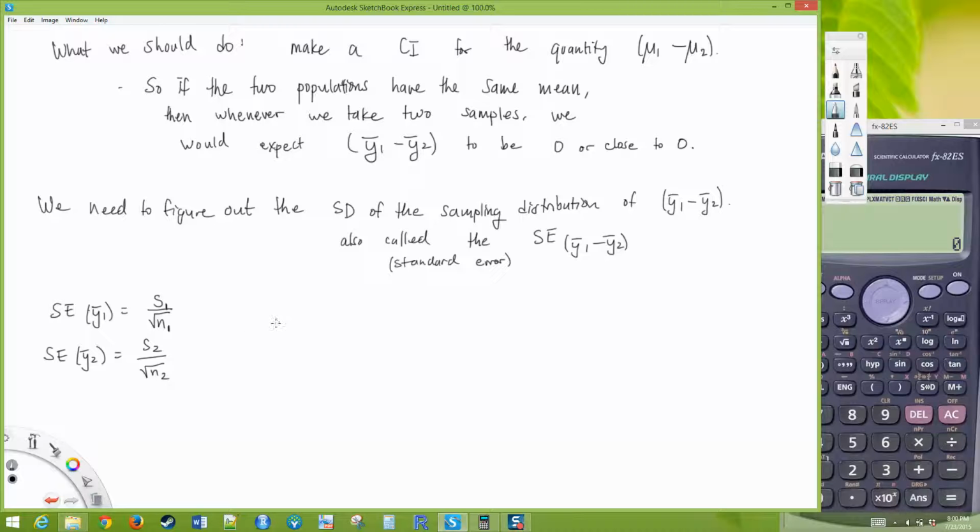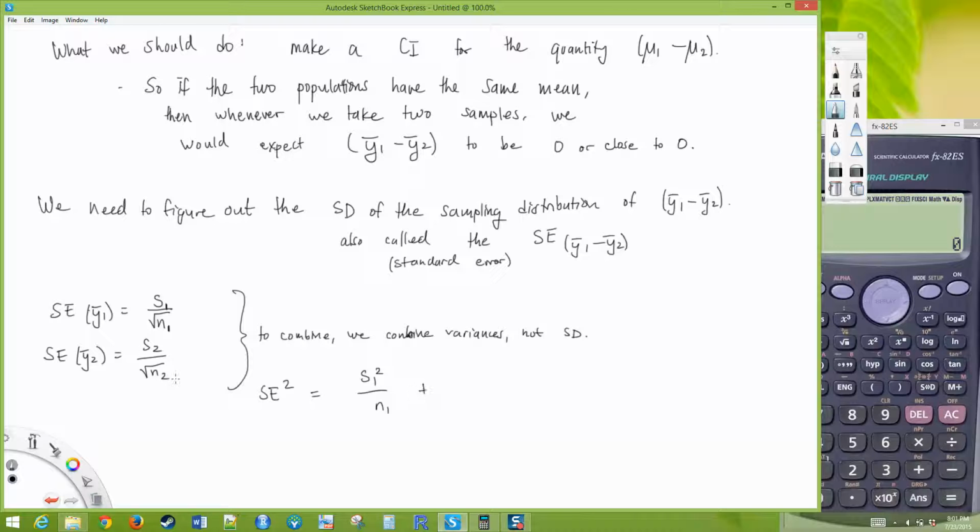So to combine, we combine variances, not standard deviations. What we do is square both of these. So this is going to be the standard error squared: S1 squared over the square root of N1 squared, which just becomes N1.